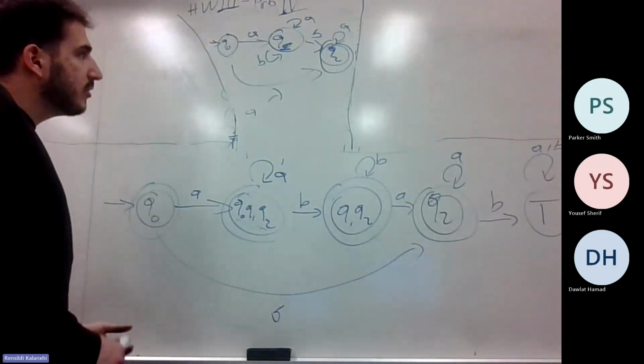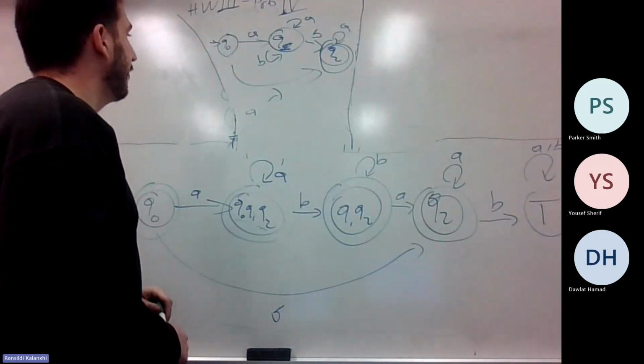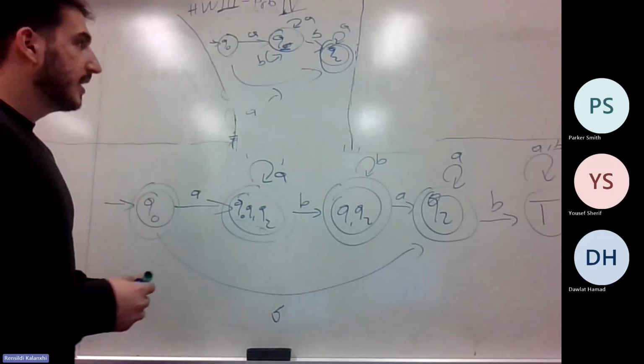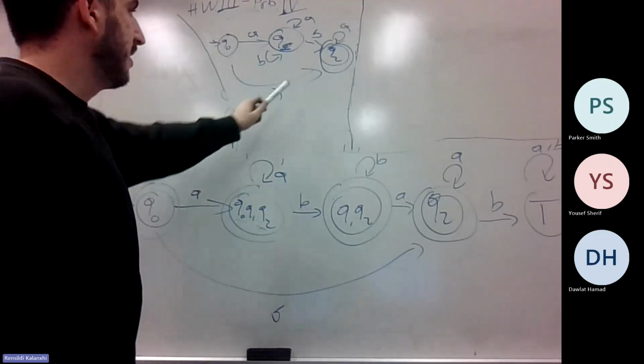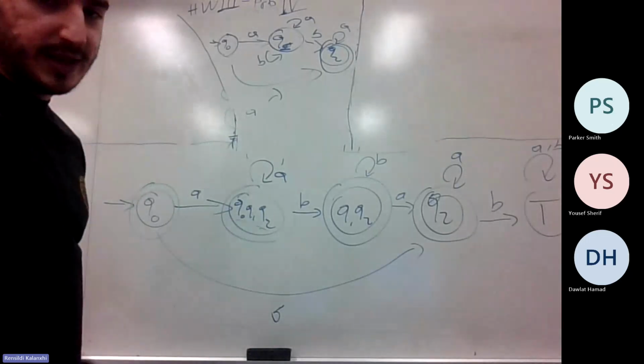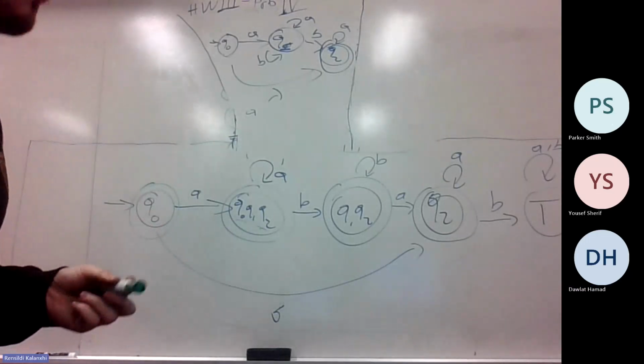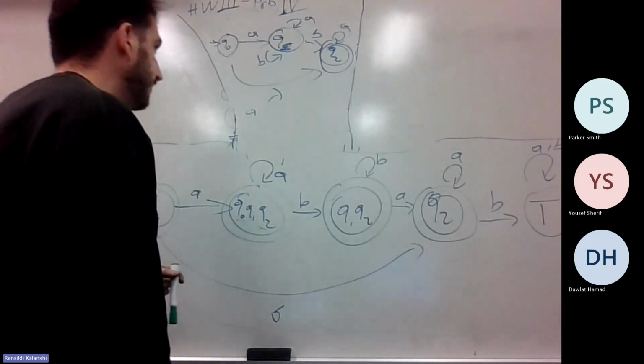So we have no way of retrieving this B to Q0 unless we had something like another lambda pointing to Q0, or a free flow transition, right?